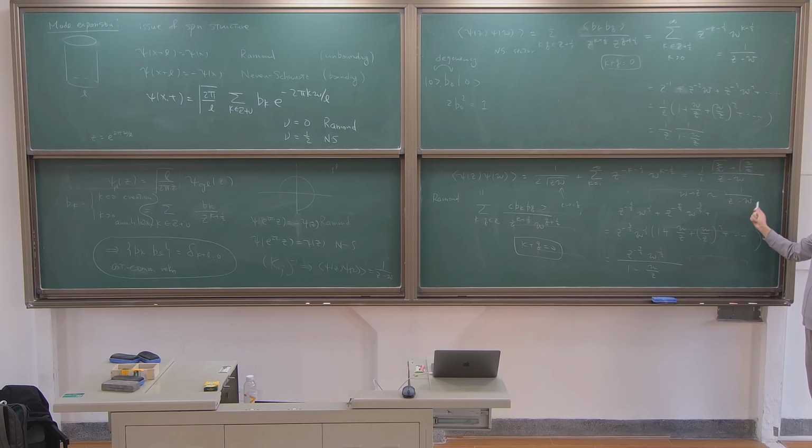So therefore, the essential behavior is something like this. So locally, the OPE is not affected by boundary condition. However, the correlation function globally is affected by boundary condition.